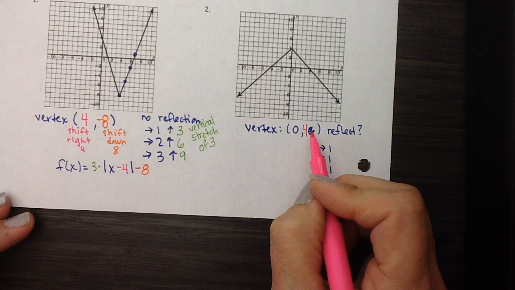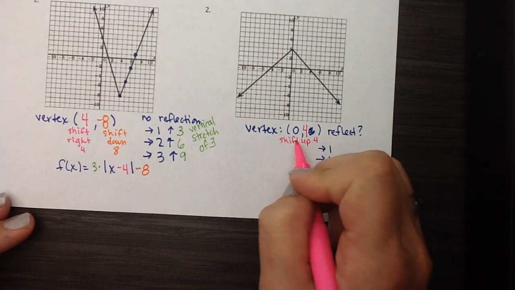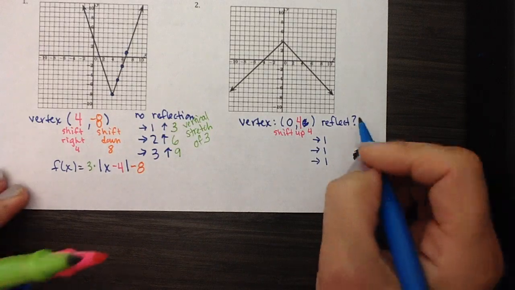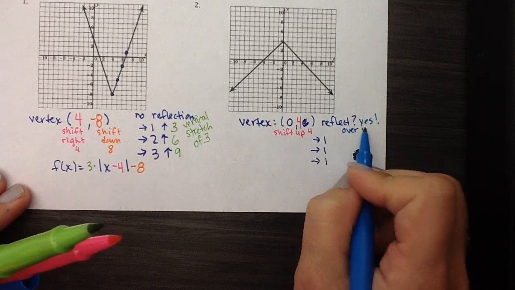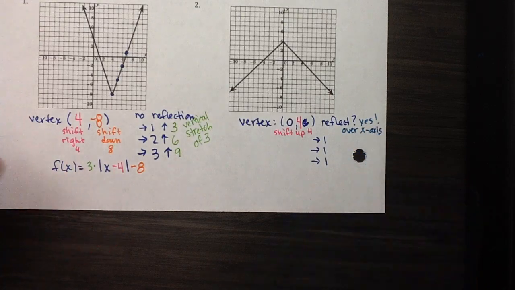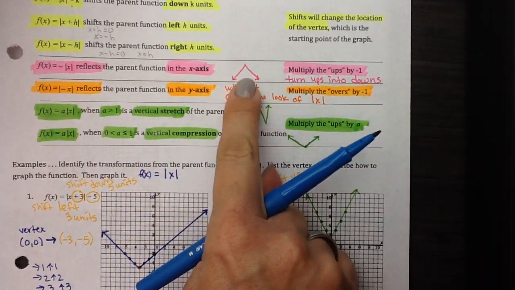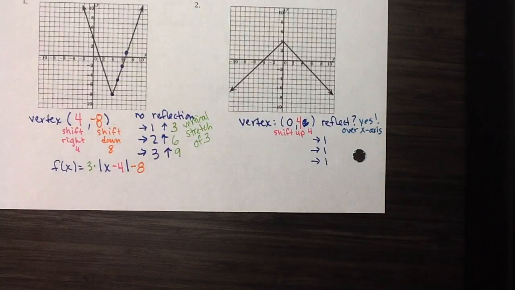It's the y-coordinate that is the only difference. So that is a shift up of 4 units, but no shifts left or right. Is my function reflected? Yes, it is upside down. So that is a reflection over the x-axis. These reflections in the x-axis make our graph upside down. And that's going to mean we have a negative out front of our absolute value bars.